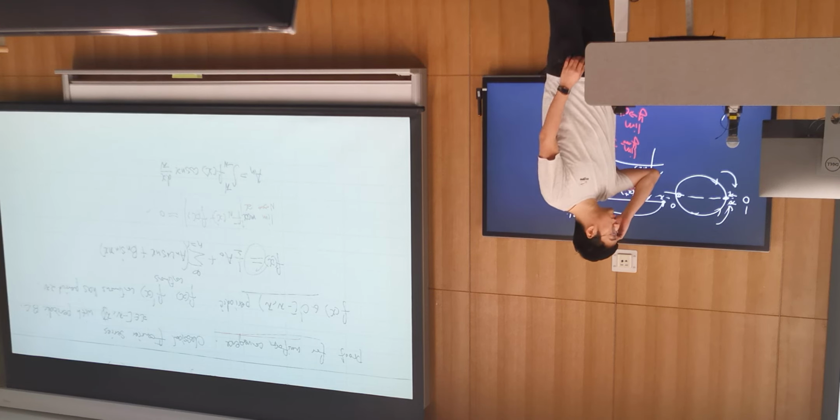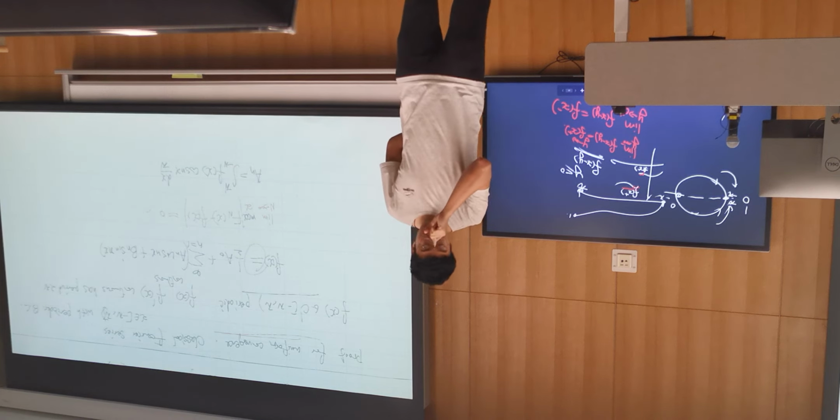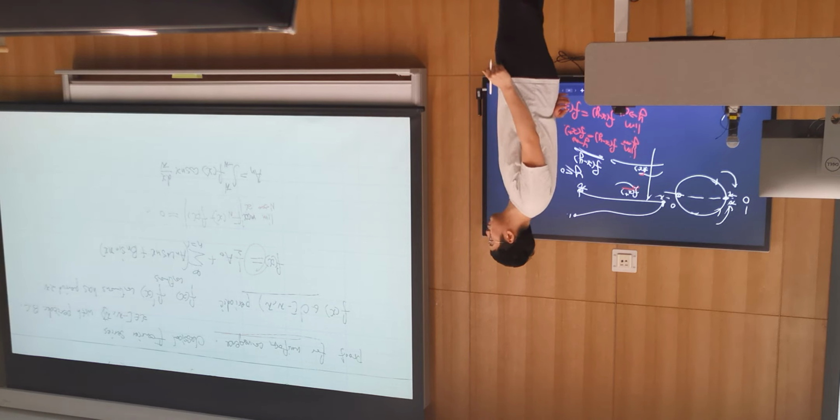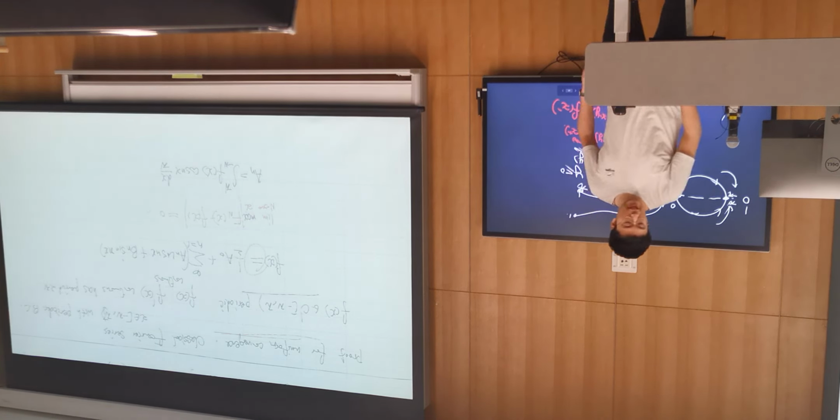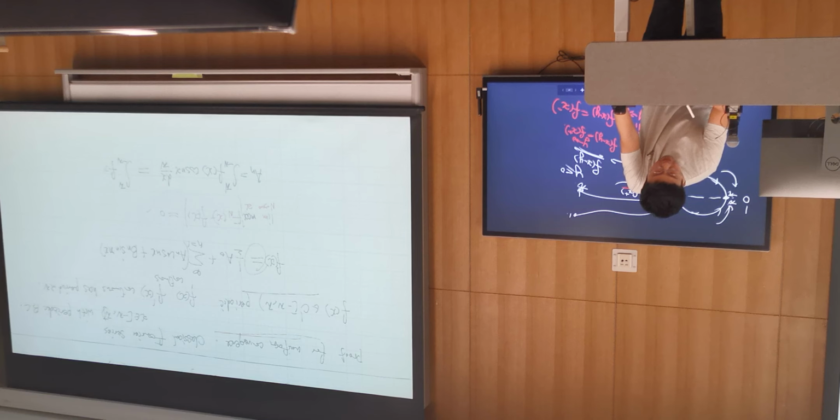On the other hand, since this is an integration of a product, we can also consider doing integration by parts, which means I can rewrite this as the integral from negative pi to pi of f(x) d sine nx divided by n pi.